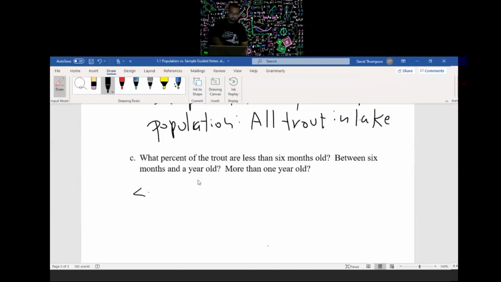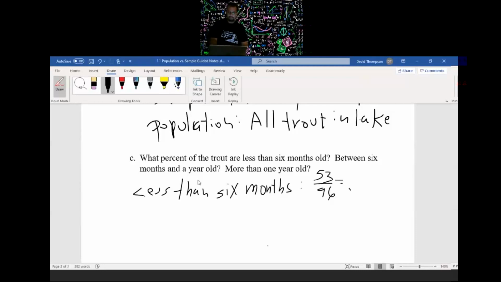In part C, what percent of the trout are less than 6 months old, between 6 months and a year old, and more than 1 year old? So let's start with less than 6 months old. So we know there's 96 trout in the lake, and there are 53 less than 6 months old.